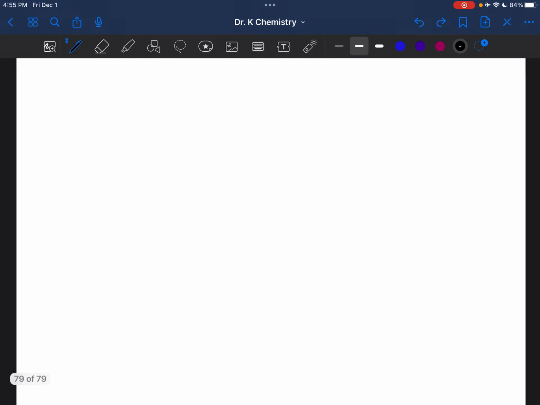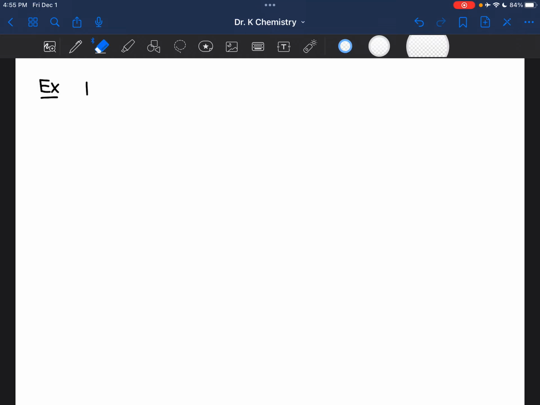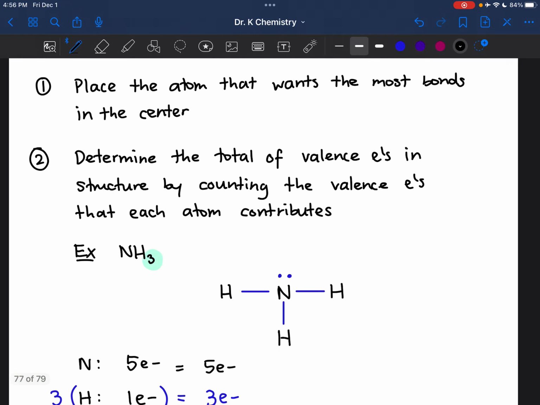Let's practice another one. Let's draw the formula for HCCl3, or I will rewrite this as CHCl3, which is usually the form that it is expressed in. So usually it's written in this format, which is a little bit deceiving because it kind of looks like hydrogen would be central, but we know that can't be true because hydrogen only makes 1 bond.